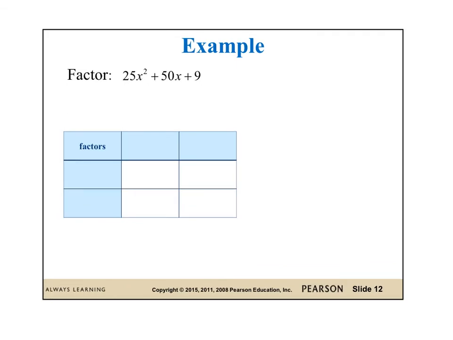Here we've got 25x squared plus 50x plus 9. Is there a greatest common factor? These are both divisible by 5, but that's not. So there is no GCF.